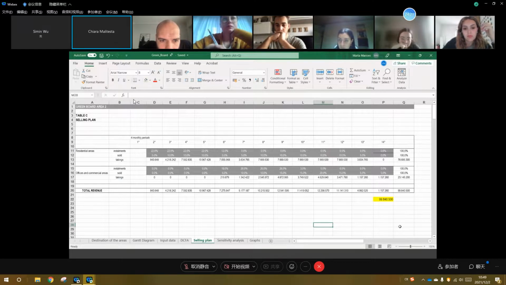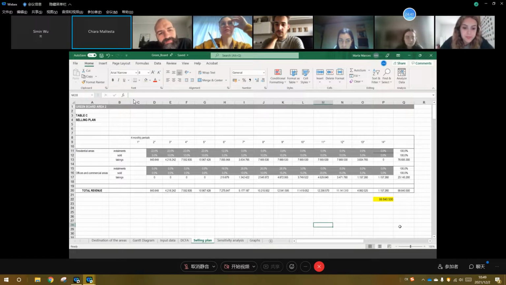And for the installments, we went from the second semester to the fourth, based on the working plan on the Gantt diagram. And the same thing we did for the offices and commercial area.